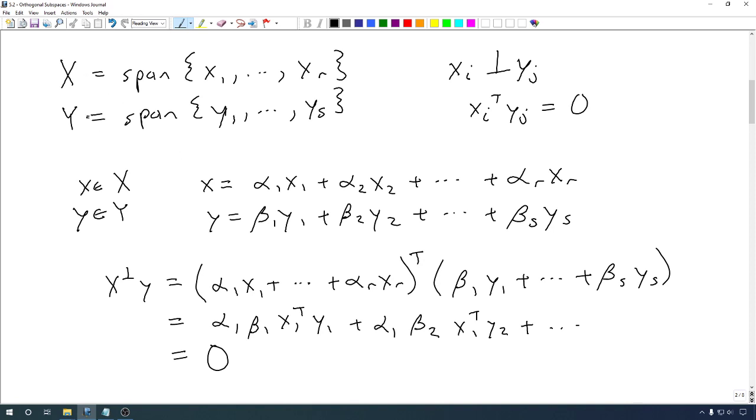It doesn't matter which x and y we choose from these subspaces, their scalar product is going to be 0. And that's what we want to have true for them to be orthogonal. Essentially, this means that if we have a basis for X and a basis for Y, we can just test the basis vectors. We don't have to test every single other vector, and that saves you a ton of work.